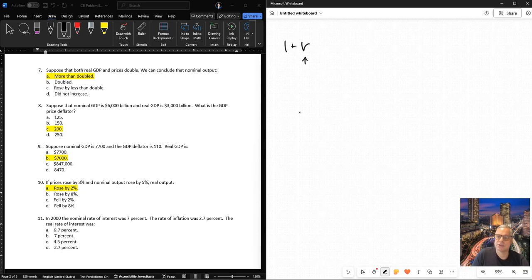So 1 plus R is a stock variable, your investment plus the real interest rate, and R is basically the flow.